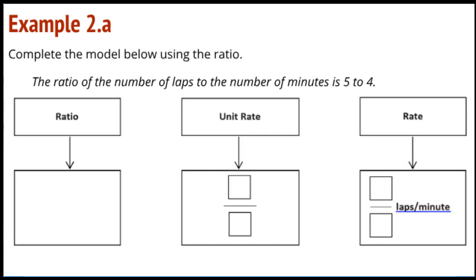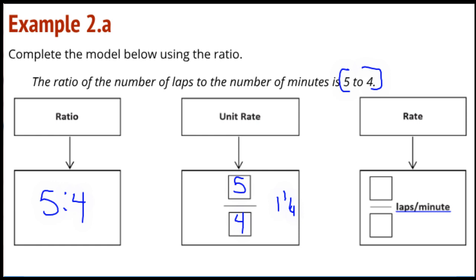All right, so going to visualize a little more carefully what we did in the last example. So we're going to take the ratio and we're going to say that the ratio of the number of laps to minutes is 5 to 4. So I'm going to write the ratio. And we figured out that the unit rate was this fraction 5/4, although I also wrote it as 1 and 1/4.